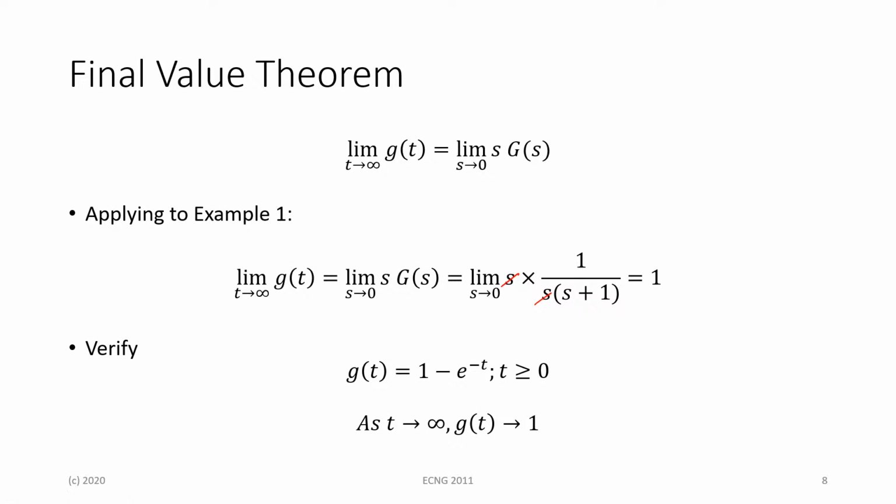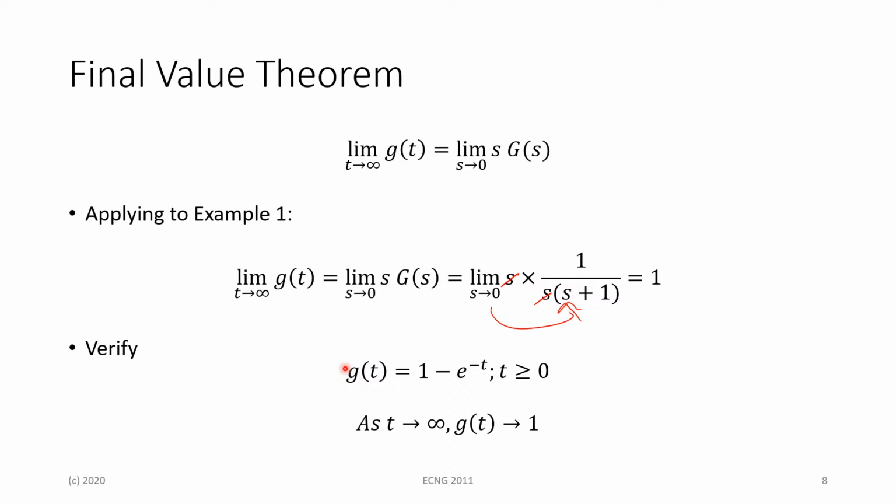As such, we are left with the limit as s tends towards 0 of 1 divided by s plus 1. If we substitute s tends towards 0 into this, we get 1 divided by 1, resulting in an overall value of 1. So this gives us the final value for our entire system of g of s.